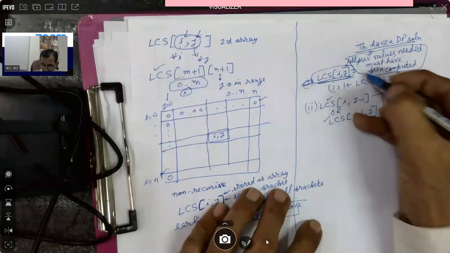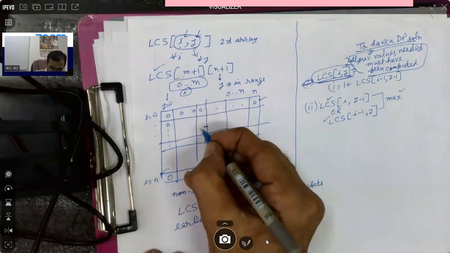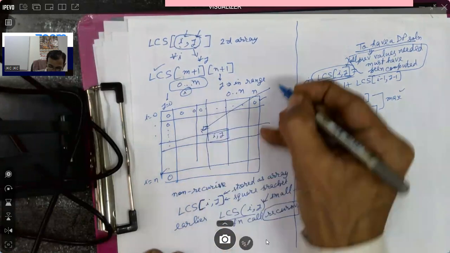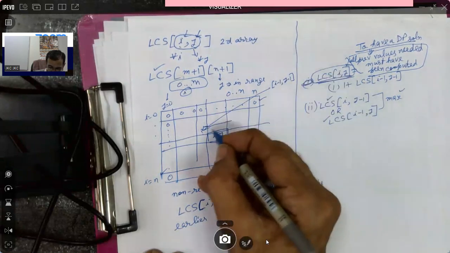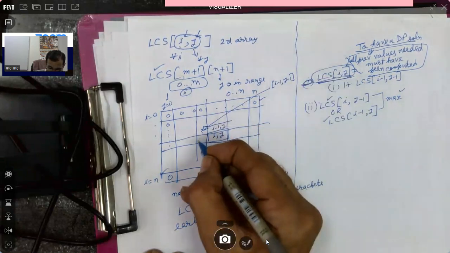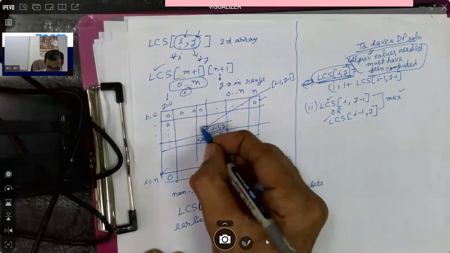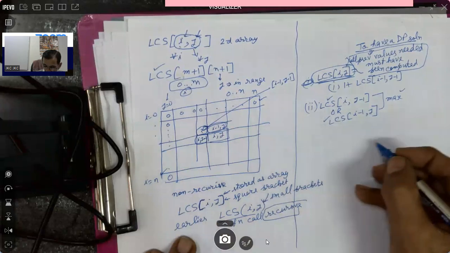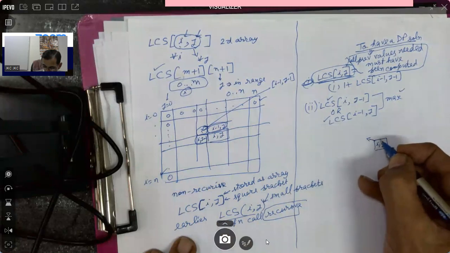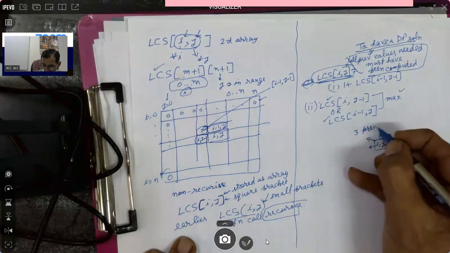Knowing this, for ij I need either this value, which is at position i minus 1, j minus 1, or this value, which is i minus 1, j, or this value, i, j minus 1. For any ij value, only 3 cells are needed, either this or this or this. So 3 previous values are needed.